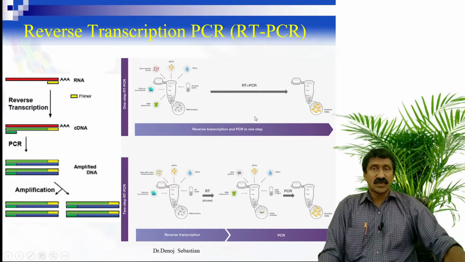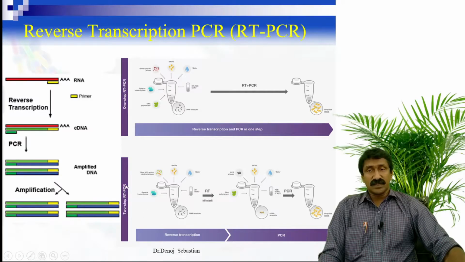So this is a single step, one-step RT-PCR, in which everything is mixed in the same vial. After completing the reverse transcription, the DNA polymerase will do the second step, and finally you will get the amplified DNA in the same reaction vial.